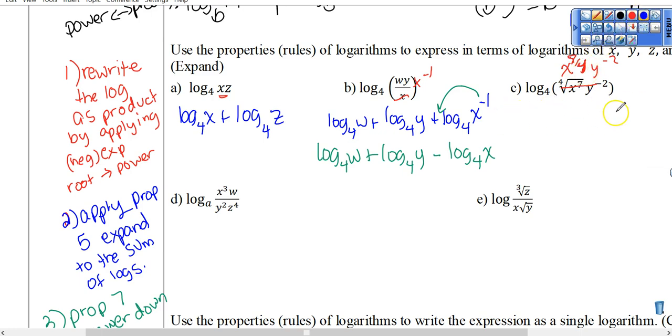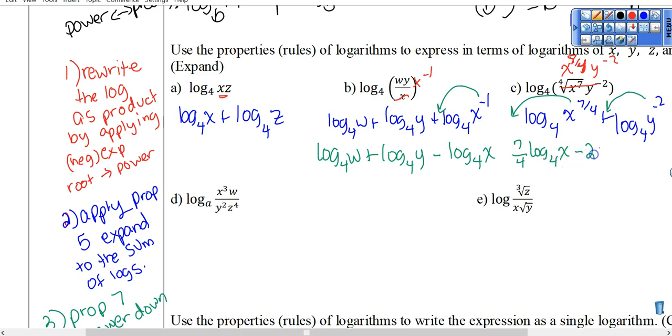Now I can write it out as a sum because we've written it as a product and we've released the root and taken the power. So log base 4 of x to the 7/4 plus log base 4 of y to the negative 2. And then switching to our last color, let's power down and completely expand these to their most expanded form, 7/4 log base 4 of x minus 2 log base 4 of y.